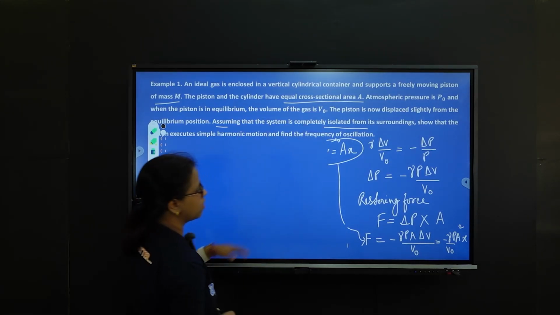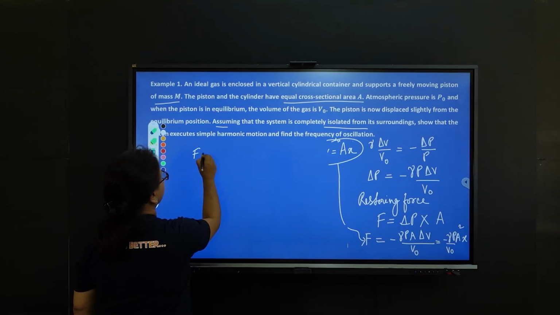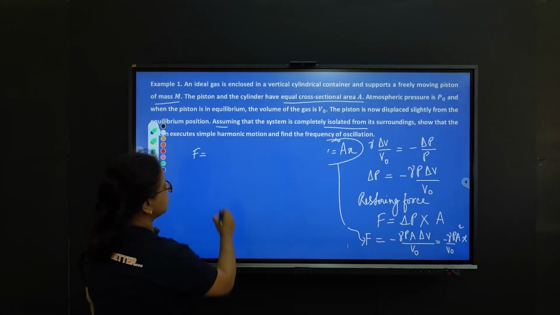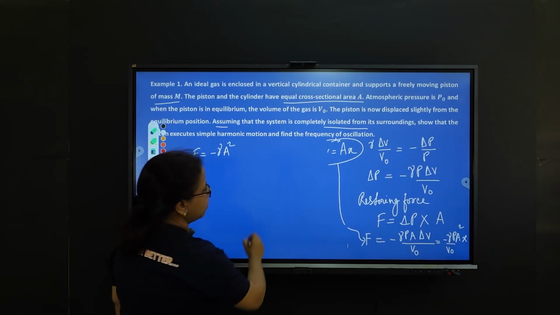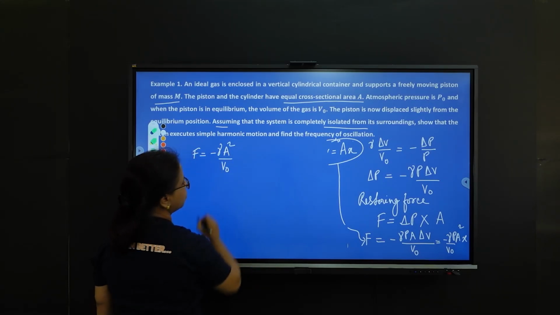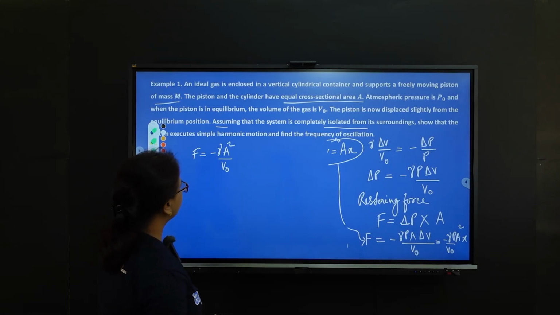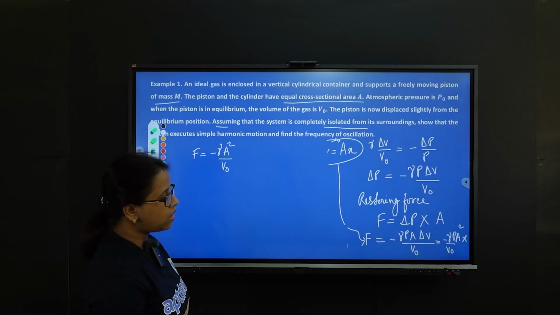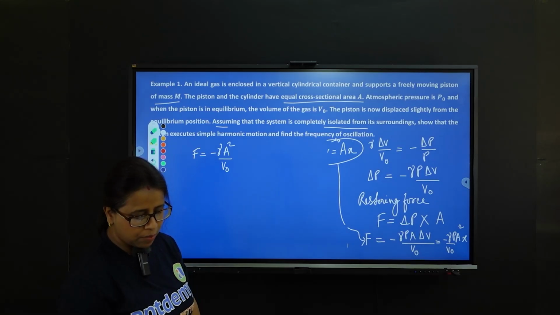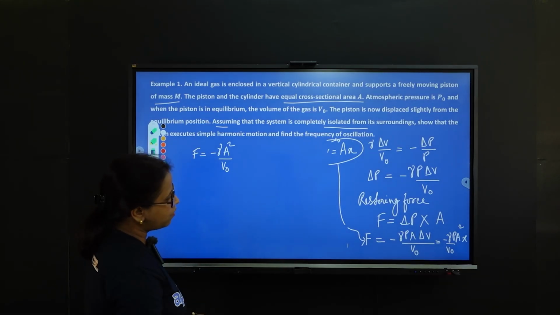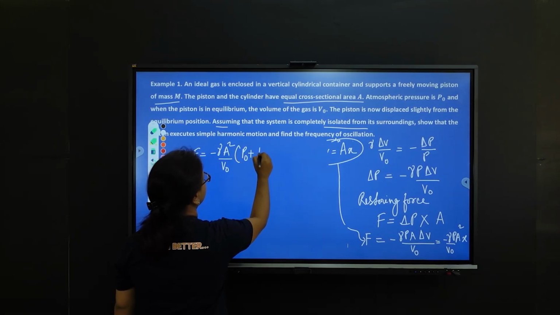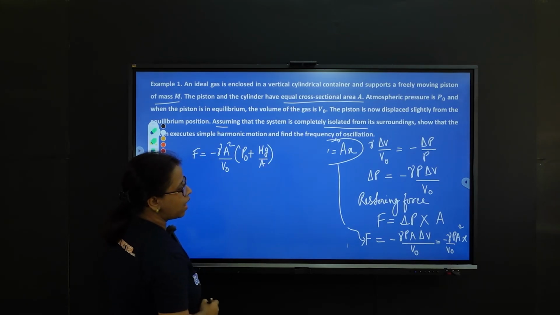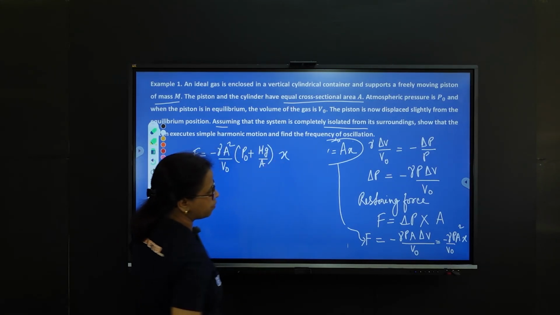So force will be equal to minus gamma A square by V naught times P, where P is nothing but the net pressure, P naught plus mg by A, and we have an X here.